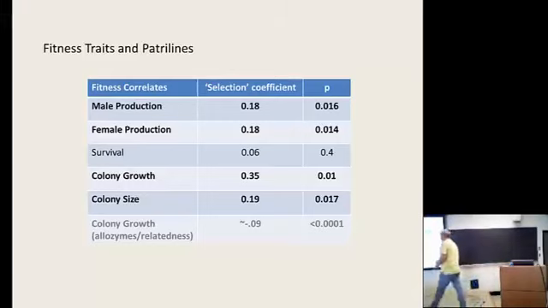So in those colonies, we can take a look at those male and female production measures that we saw earlier and regress them on the phenotype, the number of patrilines in the colony, the number of times that the queen mated, and those give us selection coefficients. For male and female production, those are significant effects. For survival, it's not so significant.